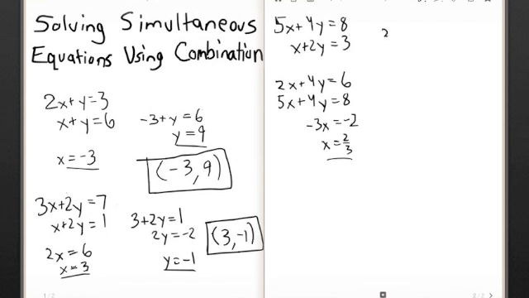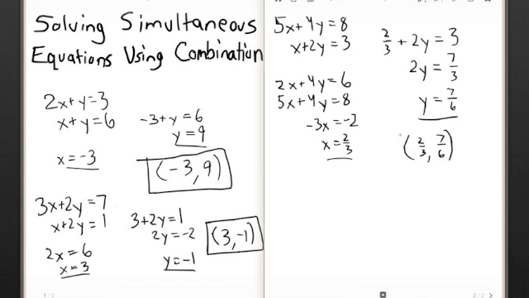We'll have 2/3 plus 2y equals 3. 2y will be 3 minus 2/3 will be 2 1/3, or 7/3. So y will be 7/6. And the solution is 2/3, 7/6.